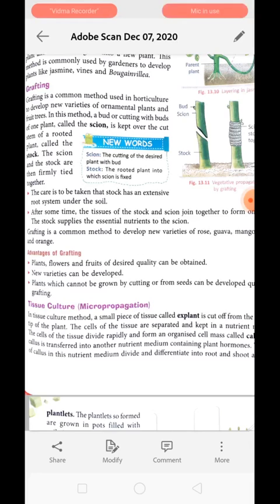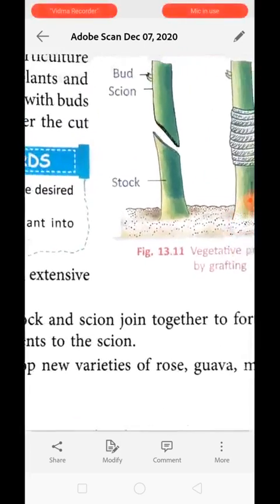We can make a scion of that plant of which fruit we like, and we can attach this scion to the stalk of another plant. In this way, these branches will grow and they will produce fruits of similar taste to the one which we have tasted.